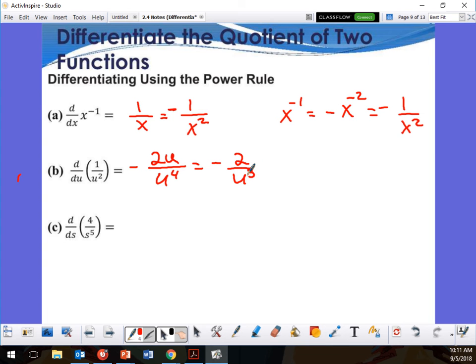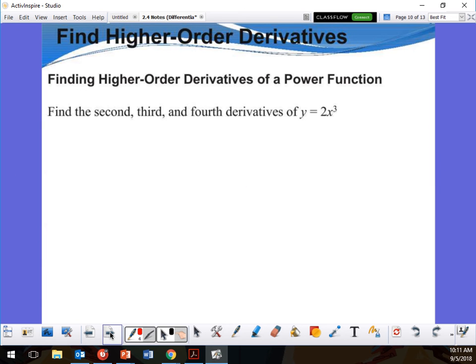Now if I just take the normal derivative, let's turn this into u to the negative 2. Put the negative 2 out front, then it goes u to the negative 3. Pull that back down. Negative 2 over u to the third. It's the same thing, right? Just power rule, just a different way of showing it. All right, do I need to show this one too? No? Or yes? No. We good? Okay. All right.